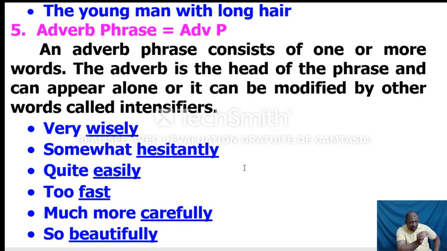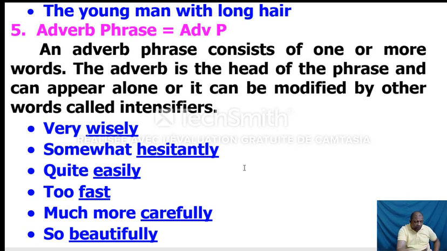So we have the underlined words, they are adverbs, and we add some pre-modifiers, intensifiers, words that come before these adverbs.